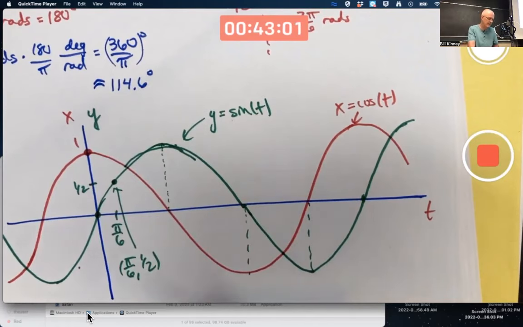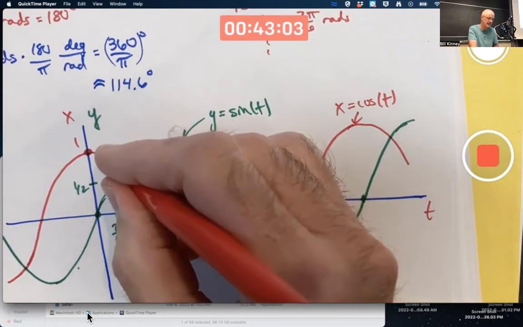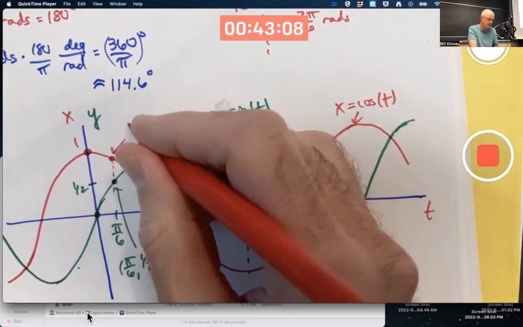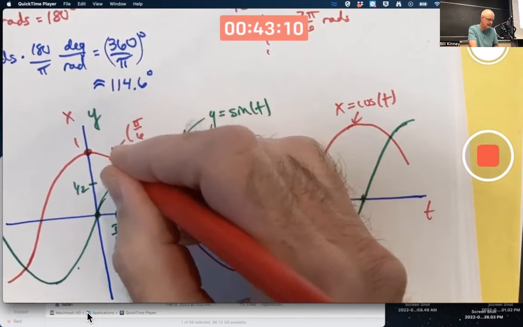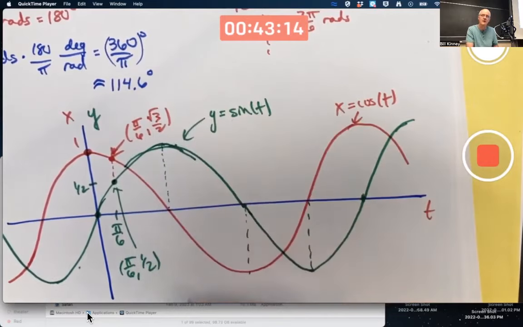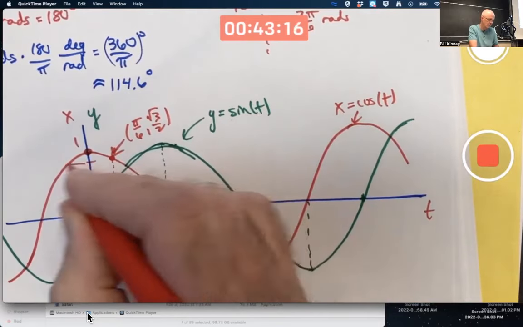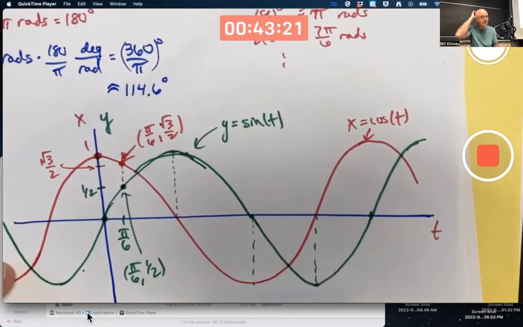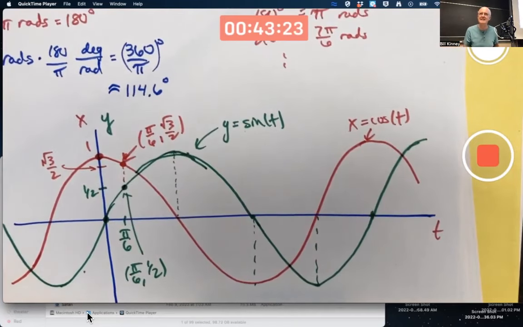How about the cosine of pi/6? It's the second coordinate of that point. First coordinate is still pi/6. Second coordinate turns out to be square root of 3 over 2. Square root of 3 over 2. This is bringing back memories. It's about 0.866.